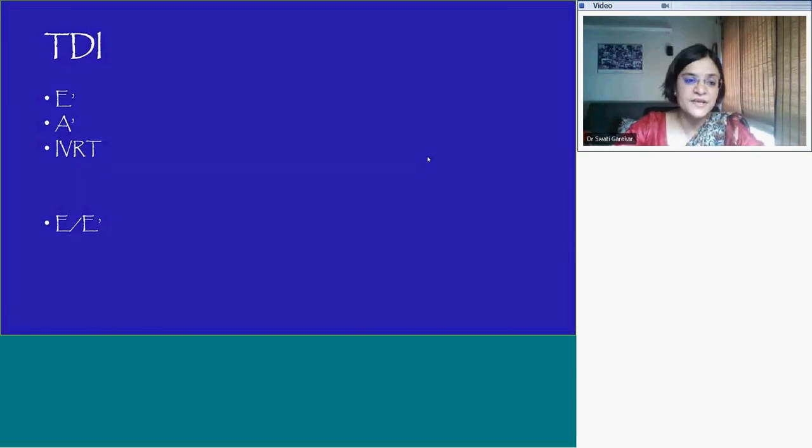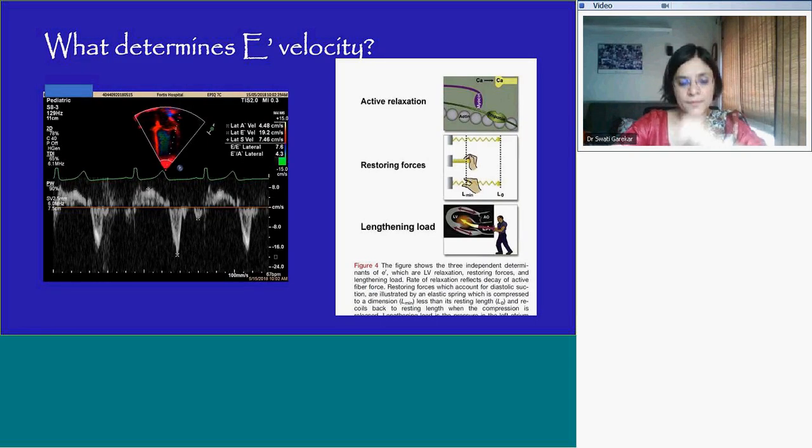So in TDI, we look at E prime, A prime, we look at IVRT, and we look at the E by E prime ratio also. Look at here, you've got the lateral mitral annulus. So that's directed below the baseline.